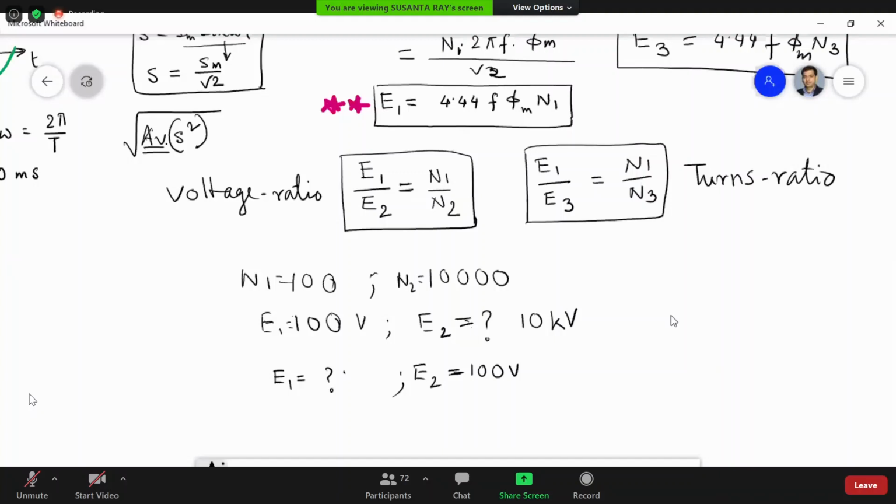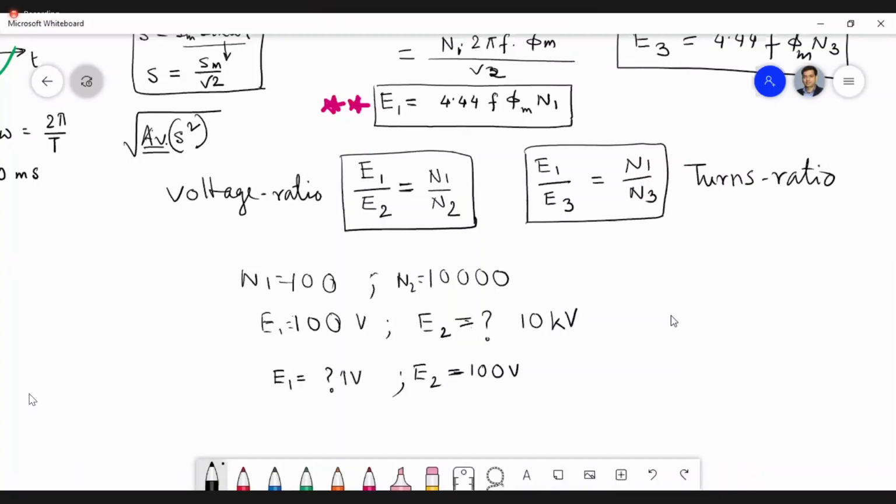So with a 100 volt supply, you can make it 1 volt only. The voltage required for your electronic circuits is 1 to 5 volts, so that also you can make. So by transformer, you can step the voltage up and step the voltage down.